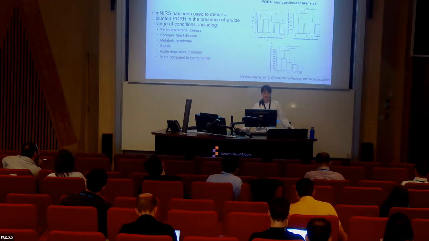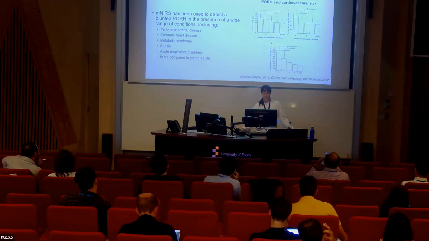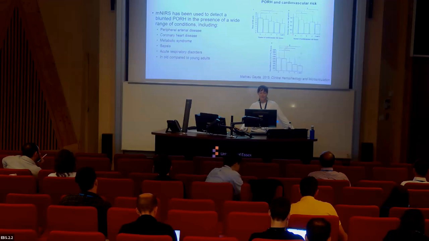That's on the x-axis. And then each of these y-axes is a different parameter that you can extract from the reactive hyperemia. So this one at the bottom, for example, is the area under the curve of the oxy-HB signal. And you can see that as the number of risk factors increases, there's a reduction in reactive hyperemia.